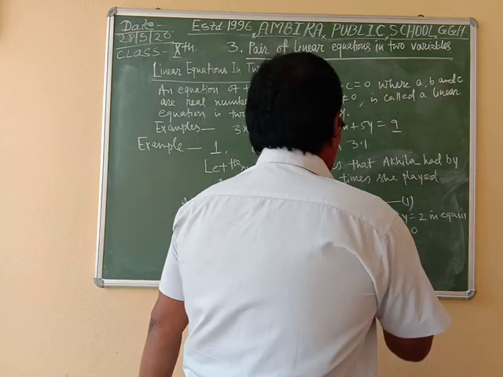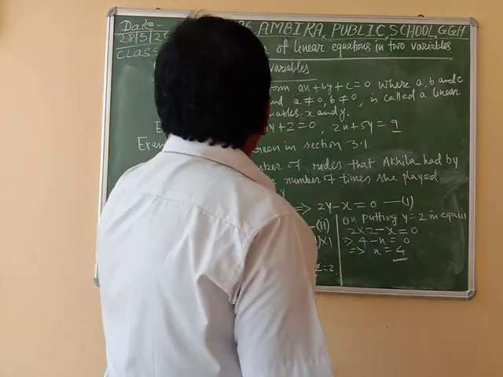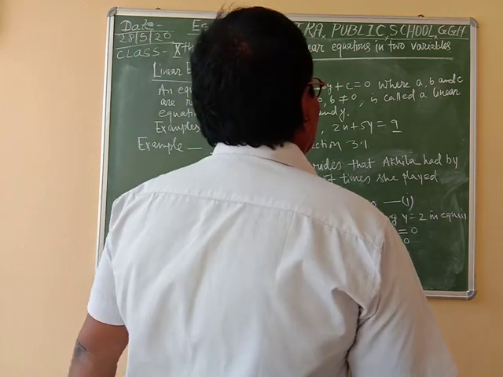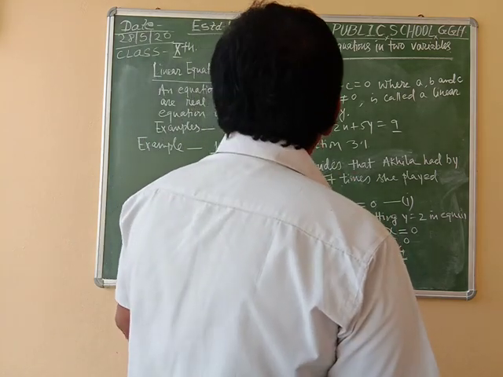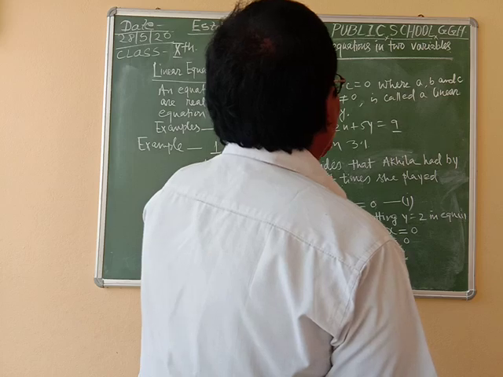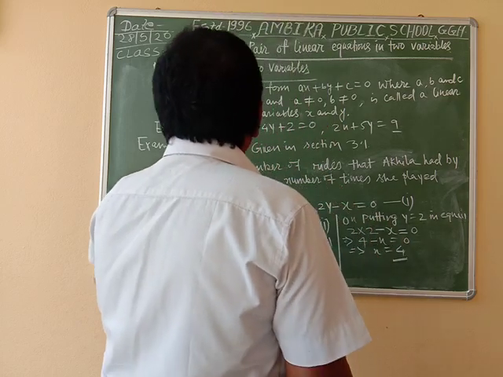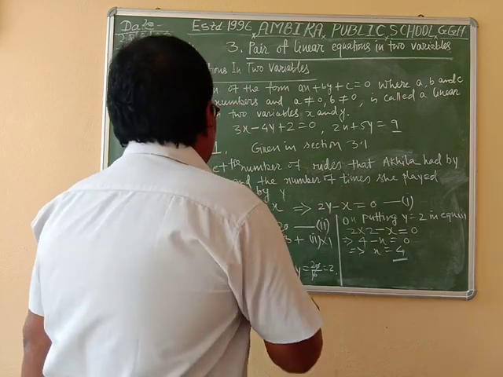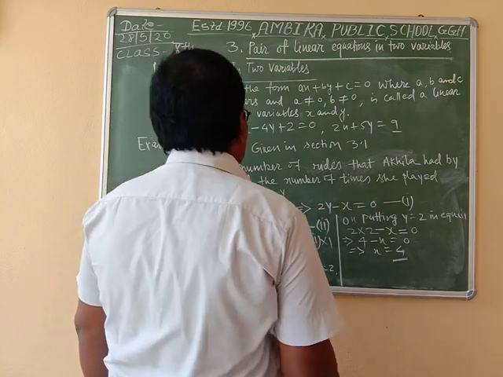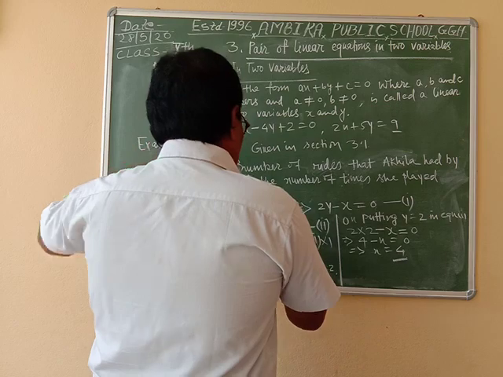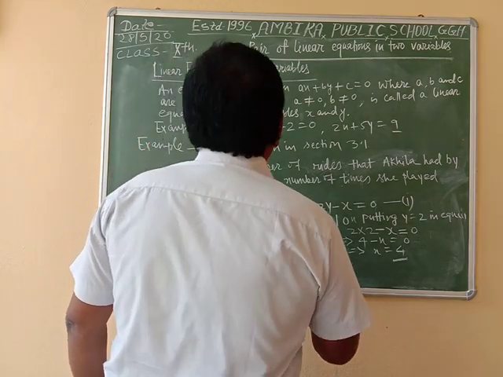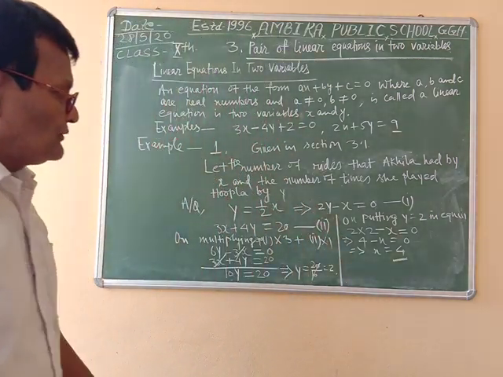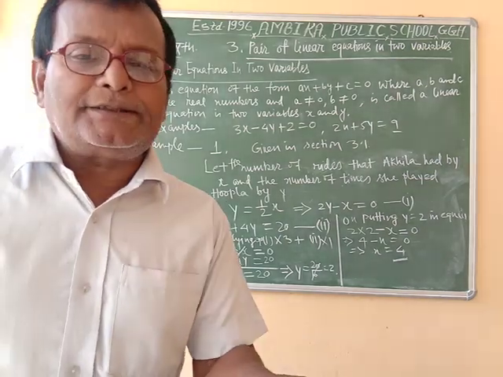X is equal to 4, which proves that the number of rides that Akhila had is equal to x, 4, and the number of times she played Hopla is equal to 2. Now again I am going to explain this problem.